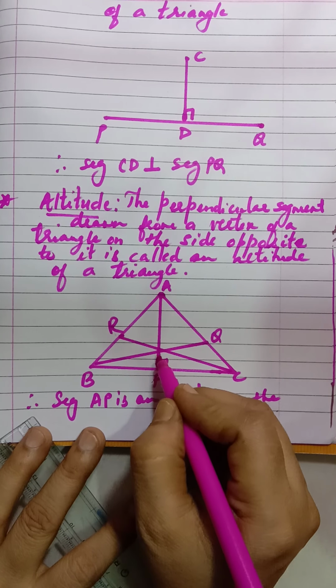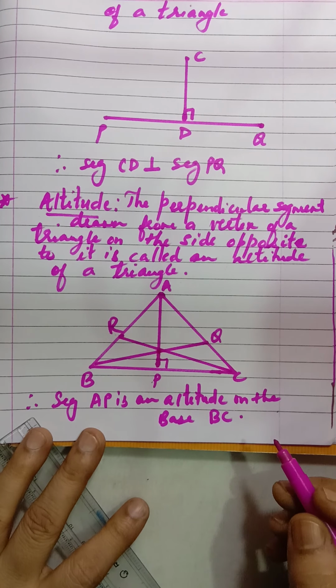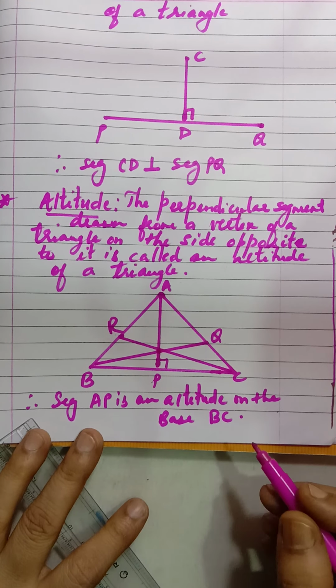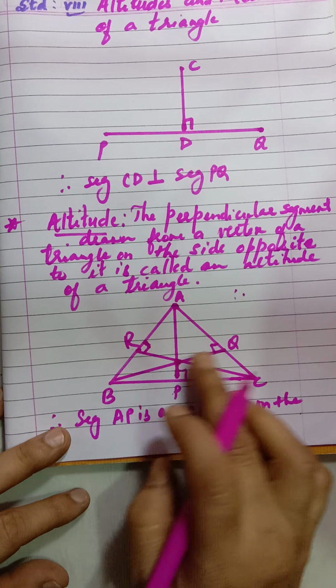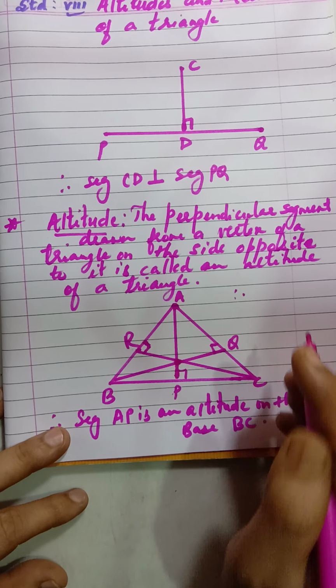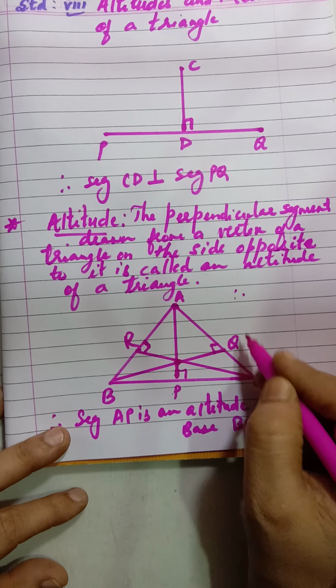Now you can see that, see children, all the 3 altitudes are intersecting at one common point. All the 3 altitudes of a triangle. Now, since it is a perpendicular, you have to show it with the 90-degree symbol. So we can write, same way, segment BQ is an altitude on base AC.